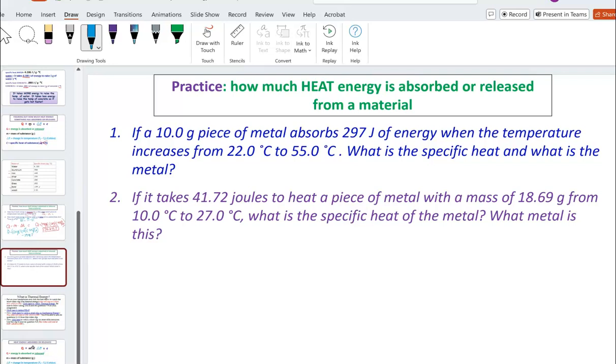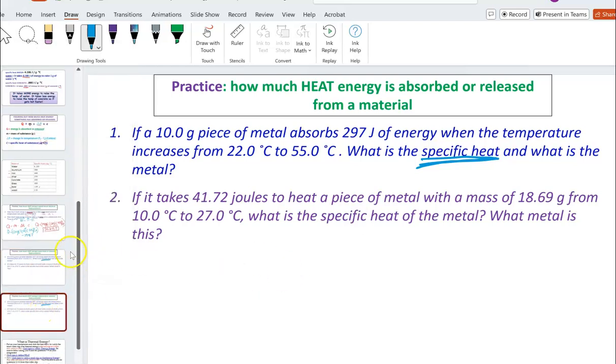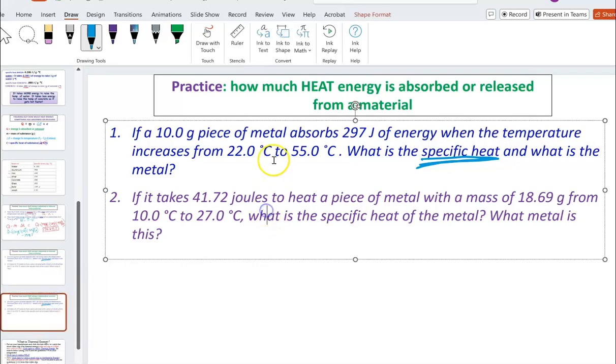Okay, so these problems, we are solving for specific heat. We're going to use the same equation. I'm going to give myself another slide here. I got 5 minutes to get this done. Okay, I'm just going to use this as a blank slide.